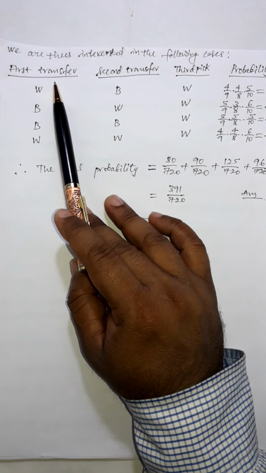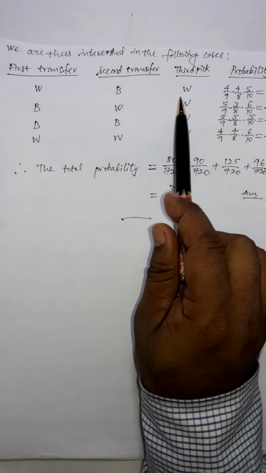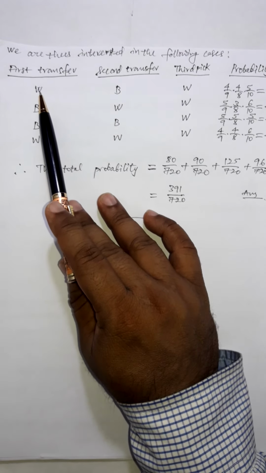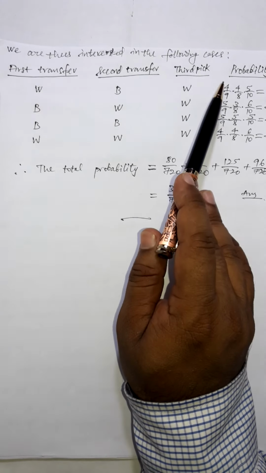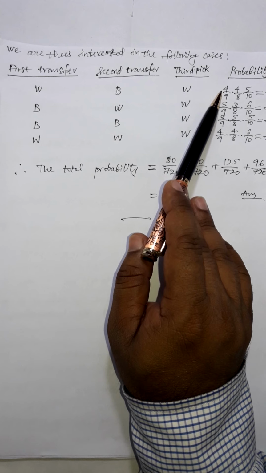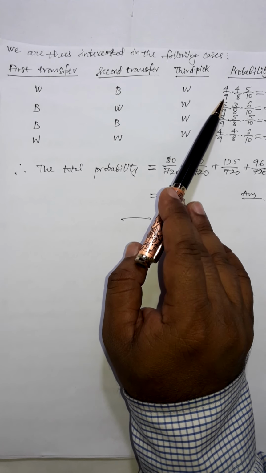Let's name it first transfer, second transfer, third pick and the probability concerned to it. Now if we draw a white ball from the first bag, it will be 4 by 9 because total number of white balls is 4 in the first bag and total number of balls in the first bag is 9.